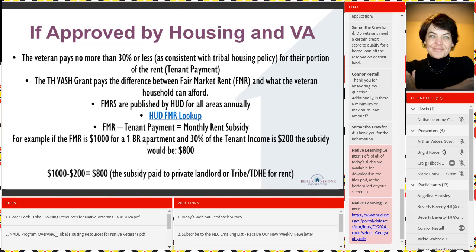That would be paid in a tenant-based model to a private landlord that you have a contract with, and you provide the rental subsidy for the veteran. Or what's preferable, because it keeps the money in tribal housing units, is that you draw down the rent on behalf of the tenant monthly for their portion of the rent.